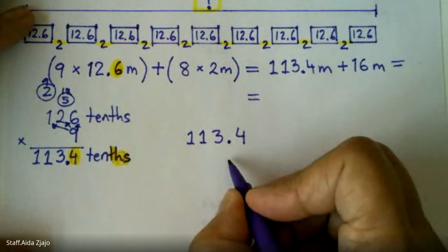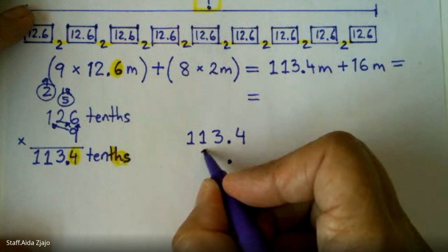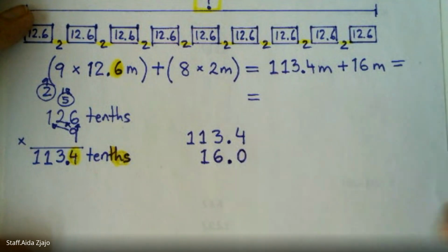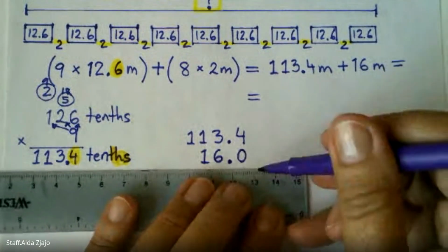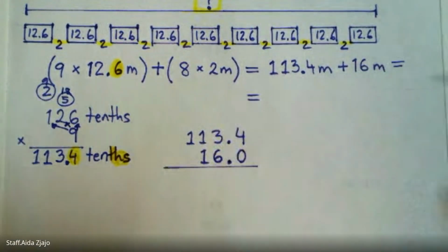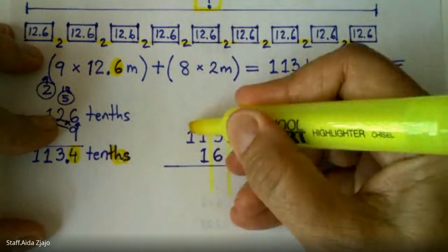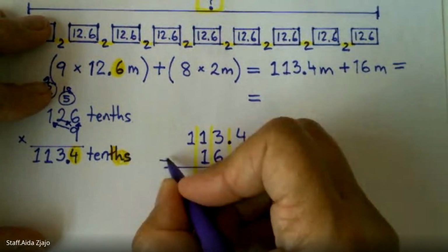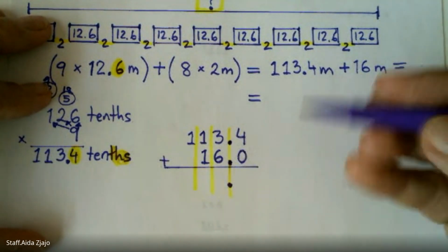That means the first decimal point, and then I have 16 wholes and no tenths. I remember the lesson for how to add decimals: when you add decimals, the decimal needs to stay in line.